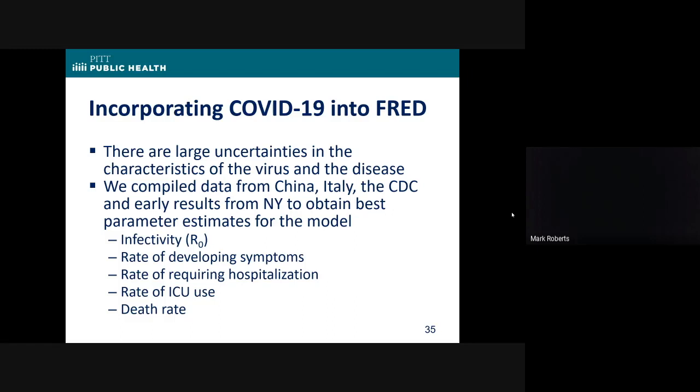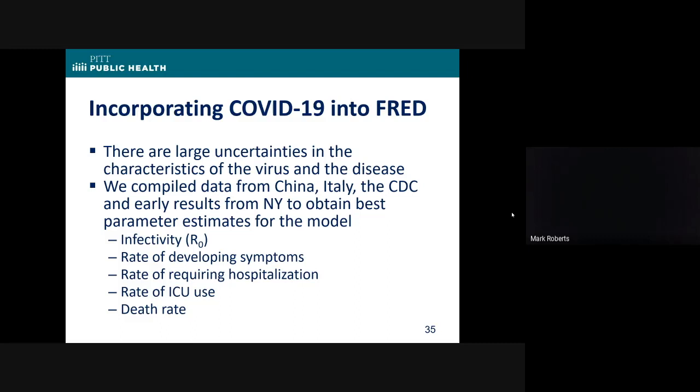We've tried to do our best to compile data from China, Italy, the CDC, and early results from New York to obtain the best parameter estimates we can for the various things that matter in modeling. One is the infectivity, that is R naught, the basic reproductive number. That ranges from a low of 1.7 or 1.8 up to as high as 3. In some estimates, we believe it's more like 1.8.